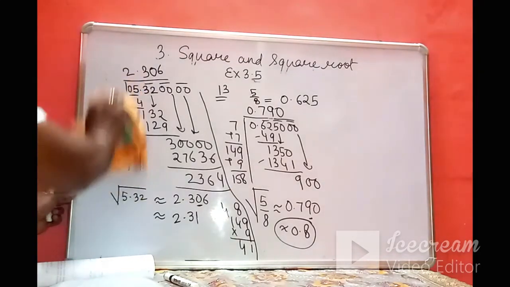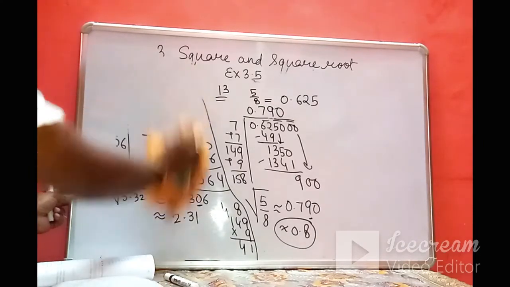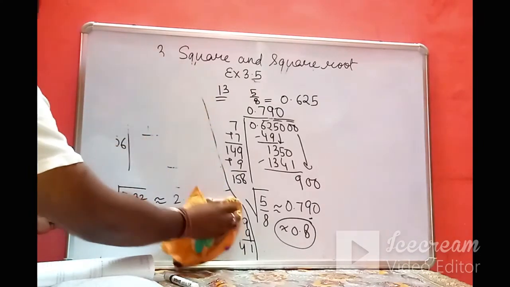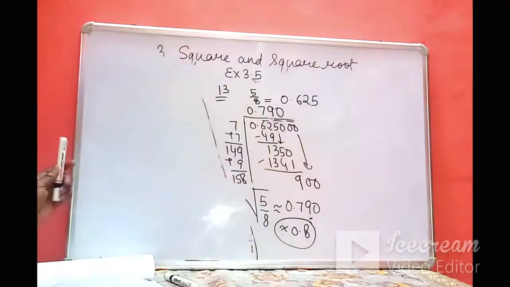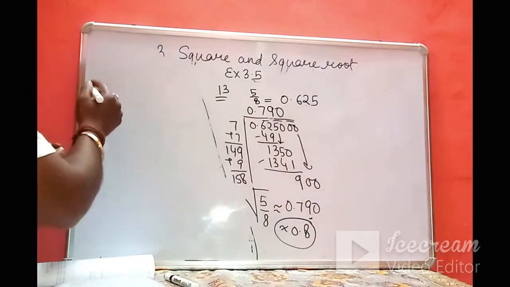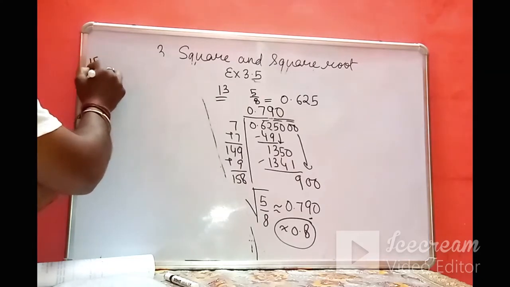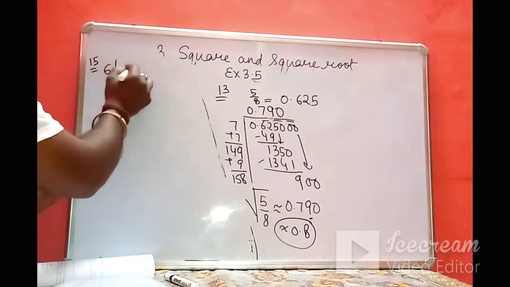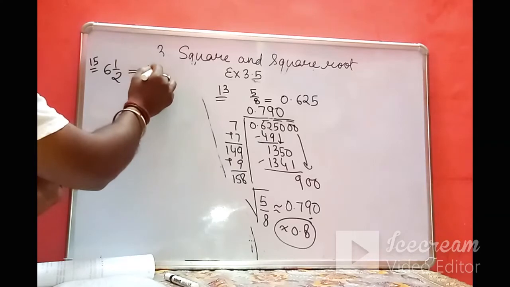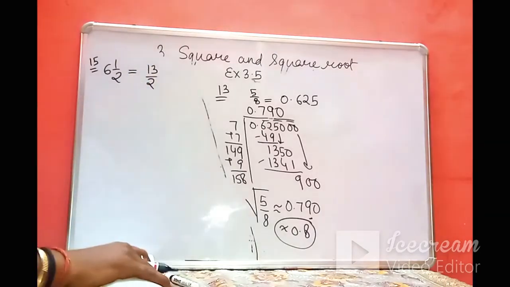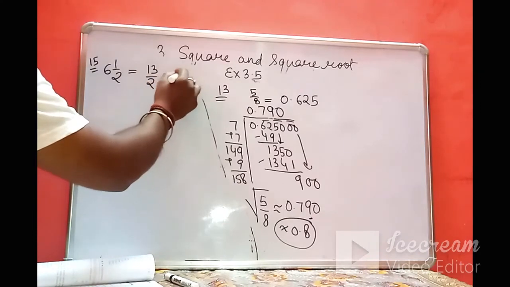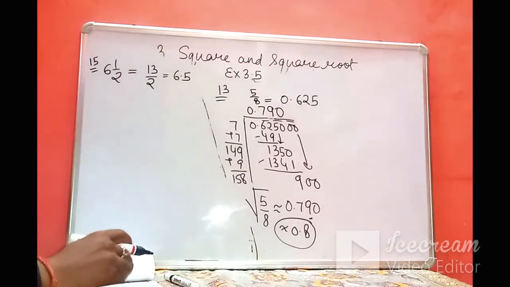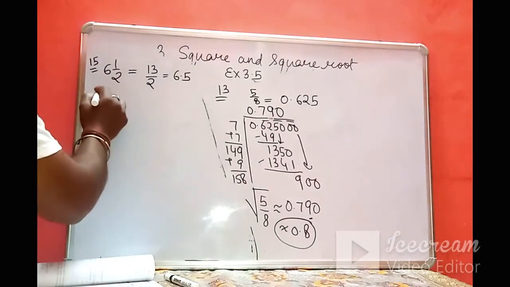Okay then. Suppose it is 6.5. So we have to convert it into the improper fraction first. Then what is 3 upon 2? 3 upon 2 is 6.5. You divide 13 by 2.